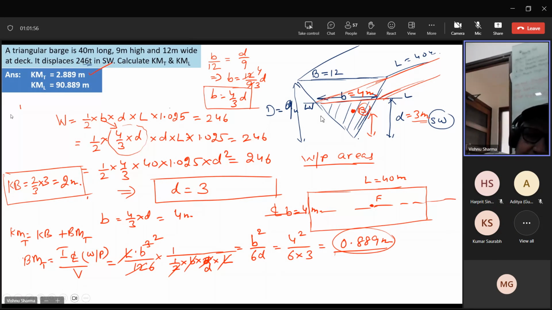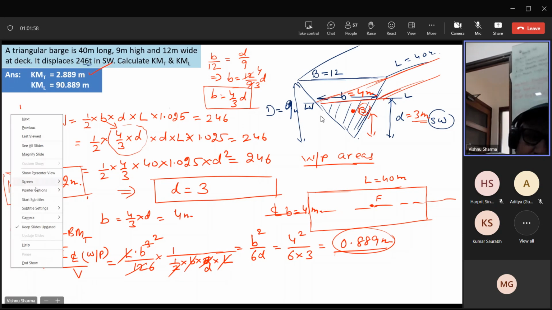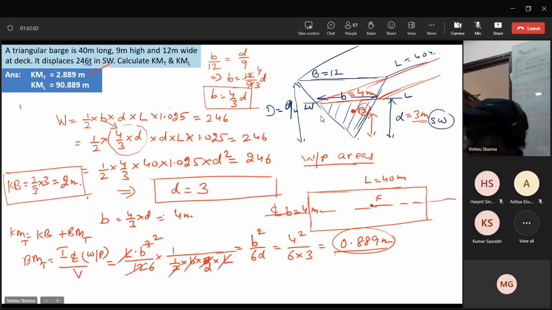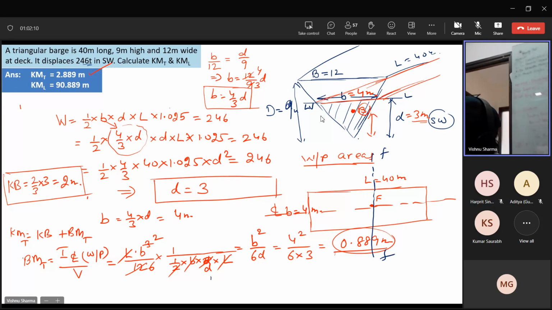Exactly like the previous case, in this case also, we will now draw the athwartship axis, this is the athwartship axis, I can call it FF. So what will be BML equal to? BML will be equal to moment of inertia of this rectangle about FF.